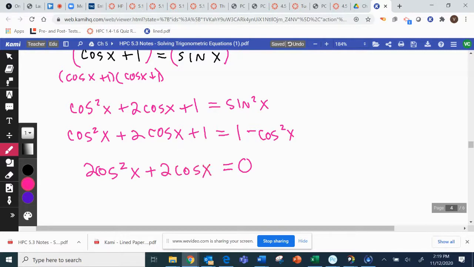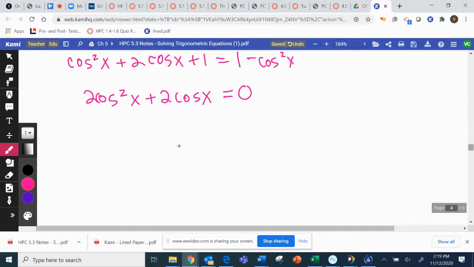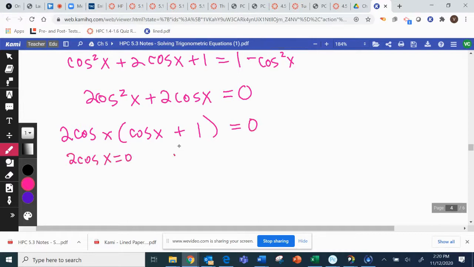And I get 2 cosine squared x plus 2 cosine x. Is that factorable? GCF? 2 cosine x? So we have 2 cosine x equals 0, cosine x plus 1 equals 0.